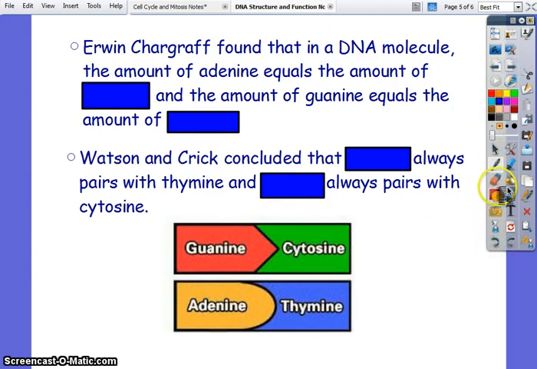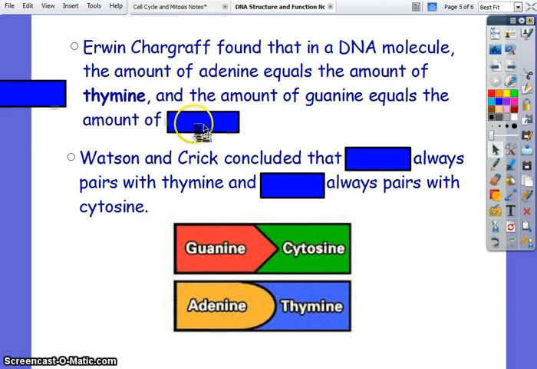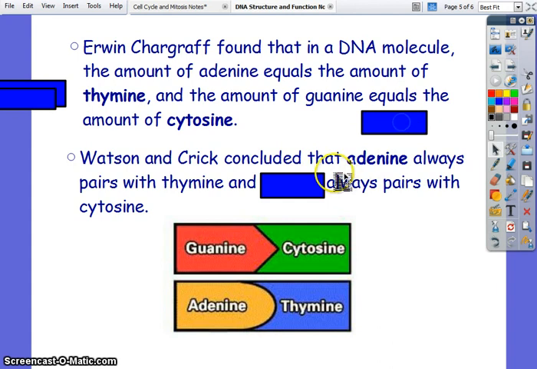In terms of the pairing, Erwin Chargaff found that in a DNA molecule the amount of adenine equals the amount of thymine, and the amount of guanine equals the amount of cytosine. He took weights and measured how much each thing weighed, and he found that the adenine always equaled the thymine, and the guanine equaled the cytosine. So Watson and Crick concluded that adenine is always going to pair with thymine and guanine is always going to pair with cytosine.